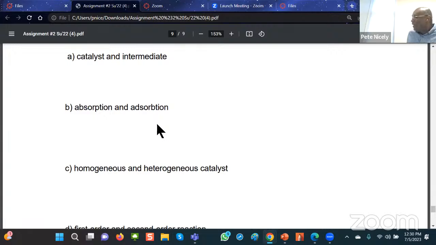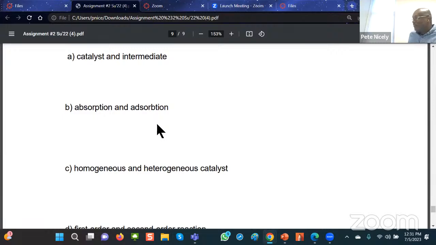Now, absorption is when you have, and it's usually in reference to a liquid, a liquid being soaked up into a porous material, like a sponge or something like that, all right? So that's the difference between adsorption and absorption. Adsorption is where you have molecules sticking to the surface of another substance, and absorption is when you have a liquid being soaked up into a porous material.